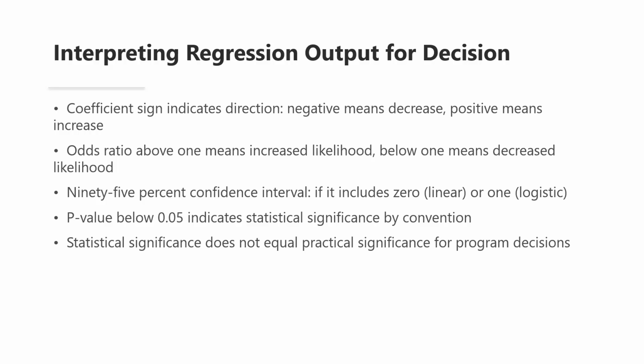Always ask not just whether the effect is real, but whether the effect is large enough to matter for health outcomes and to justify the program resources invested. You now have a strong foundation in interpreting evaluation data at the advanced level. That is going to serve you really well.